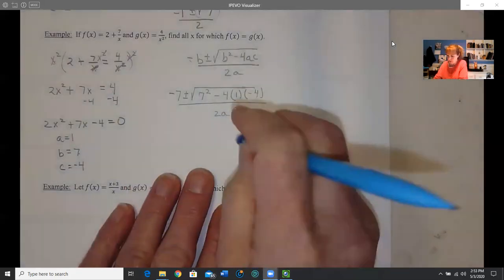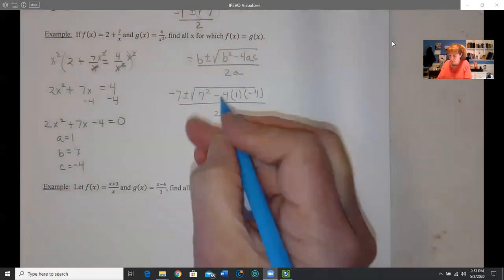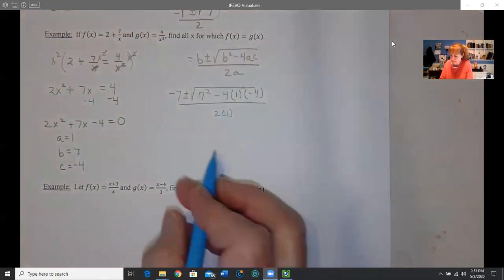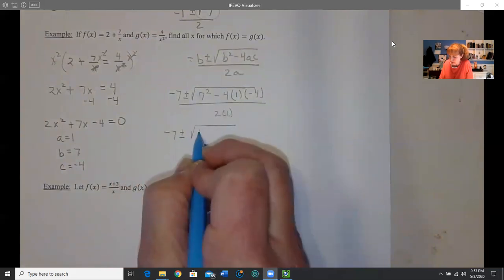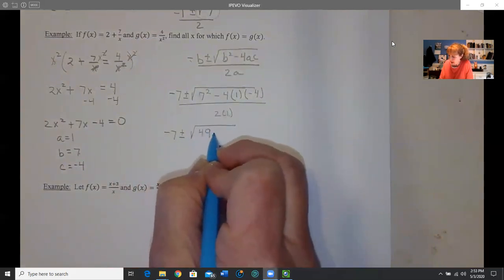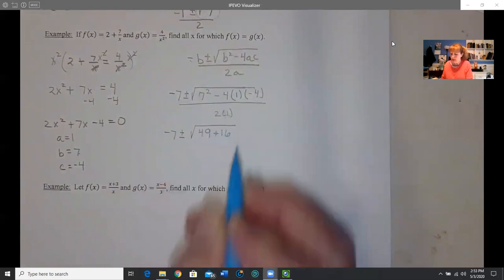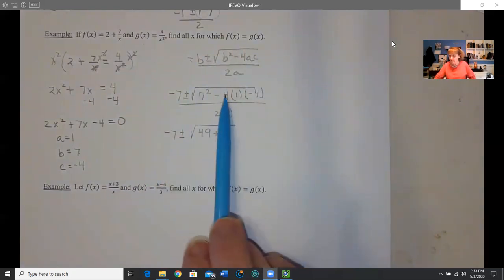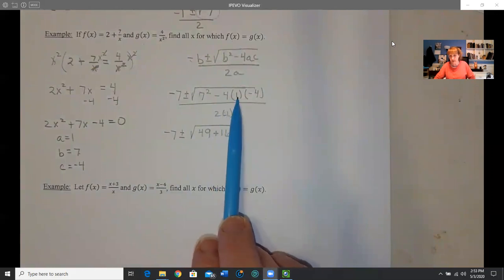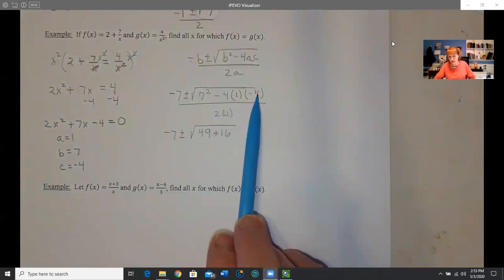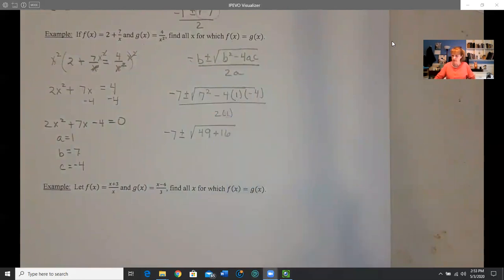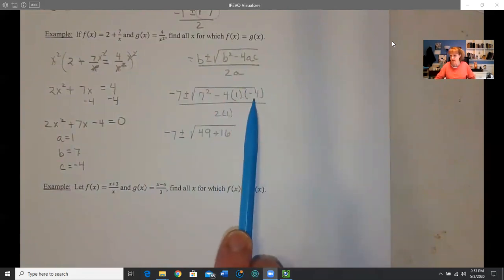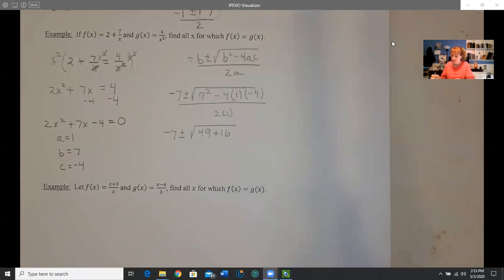Oops, and a is 1. Let's put in a 1. Simplifying, minus 7 plus or minus the square root of 49, or add 16. Because if you look here, the negative 4 times 1 is a negative 4. That answer times a negative, 2 negatives is going to be a positive, because a negative times a negative is a positive 16. All over 2.